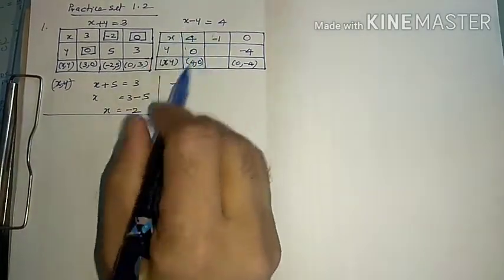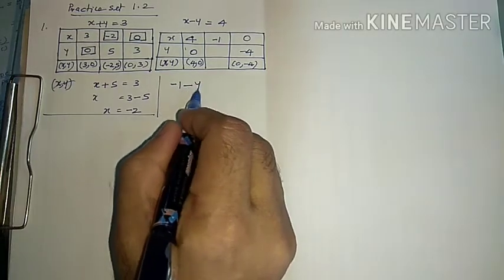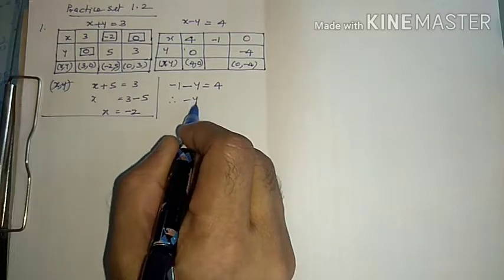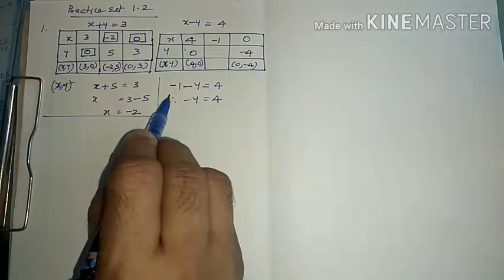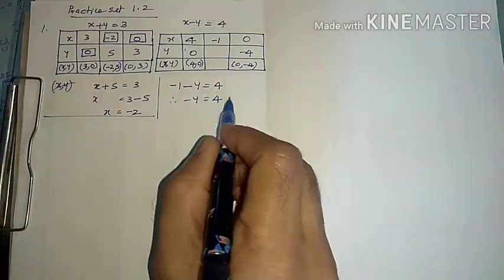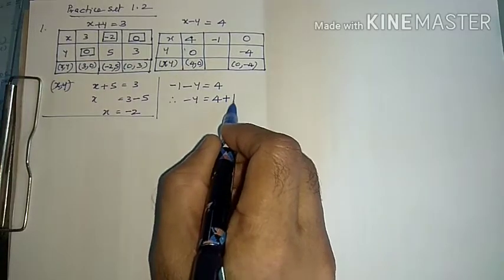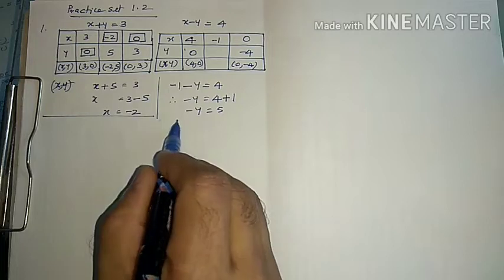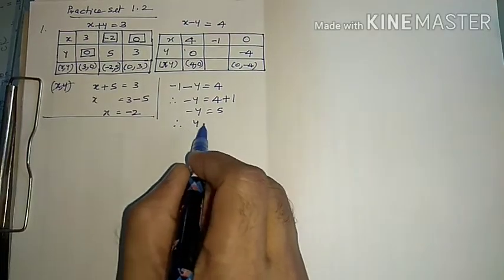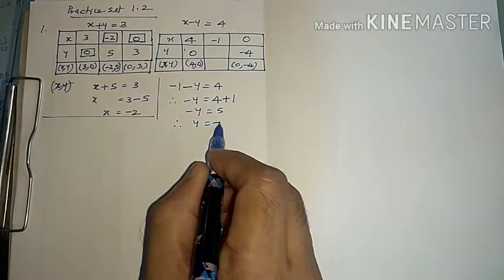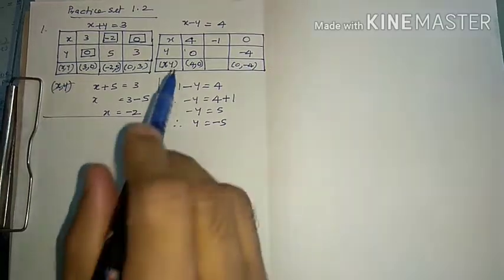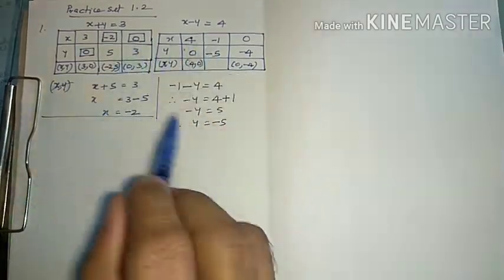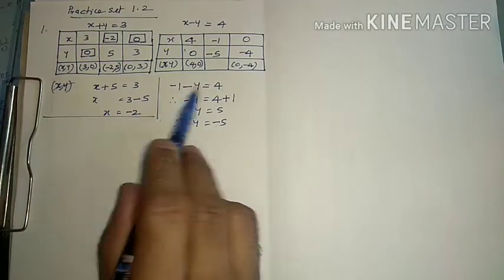X value minus 1, minus y equal to 4. Therefore, minus y equal to this 4, minus 1 goes there to the other side as plus 1. So it is 4 plus 1, 5. Minus y equals 5. Therefore, y is equal to minus 5. That is here minus 5. If x is minus 1, y is minus 5.